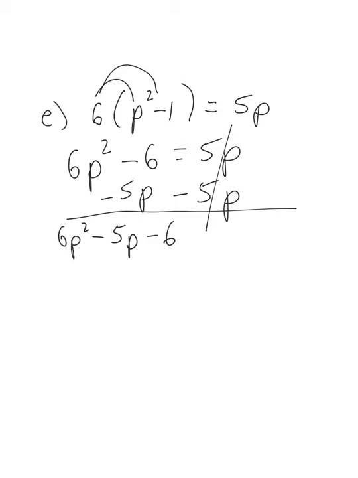Then I write the letter next. Then I write the number without the letter last. Equals this over here cancels to 0. So now it's in standard form. We have 6p squared minus 5p minus 6 equals 0.